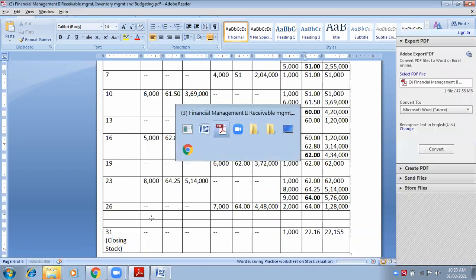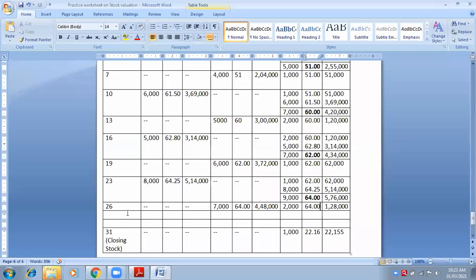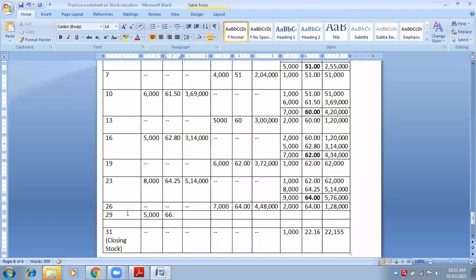Okay. Now after 26th, we have the 29th date. 29th, purchased 5,000 units at the rate 66.80. So what is the amount? 3,34,000.